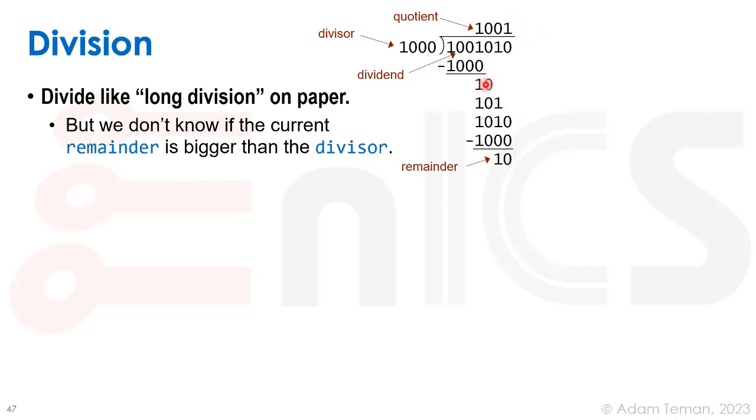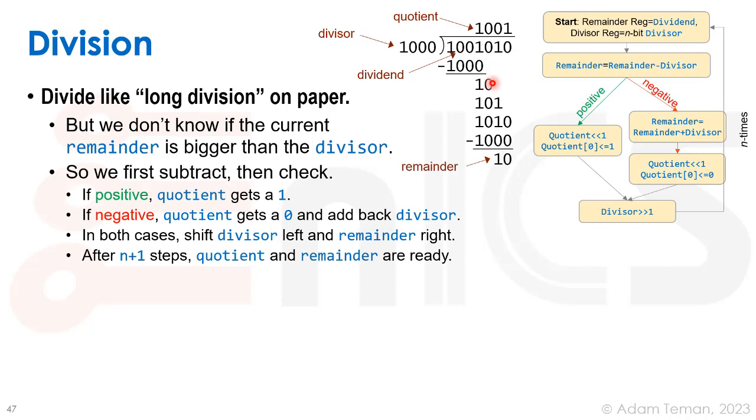So that's really nice, but the problem is that we don't know at this point, when we keep pulling down bits, if our divisor is larger or smaller than the current remainder. So the algorithm to do that is actually to first subtract the divisor from the current remainder that we have.